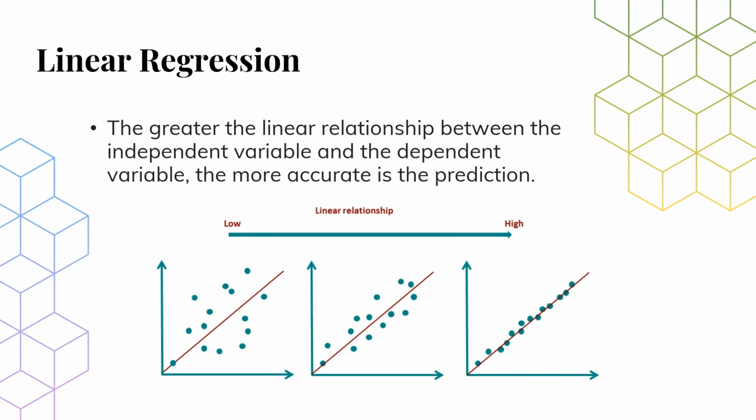So in a linear regression analysis, a straight line is drawn in a scatter plot. To determine the straight line, the linear regression uses the method of least squares. So the greater the linear relationship between the independent variable and the dependent variable, the more accurate is the prediction.